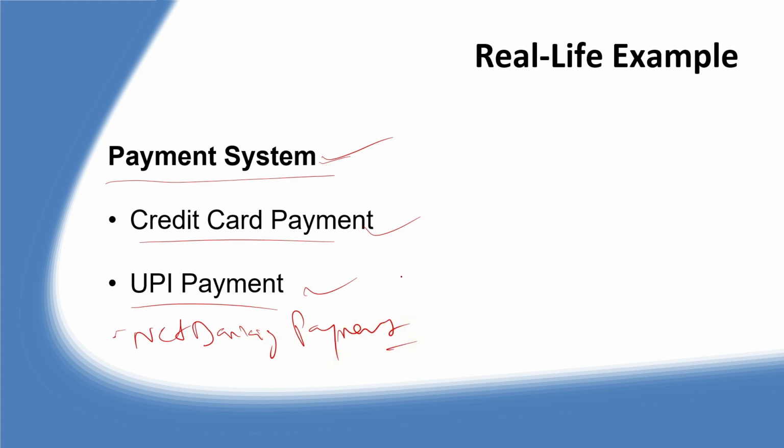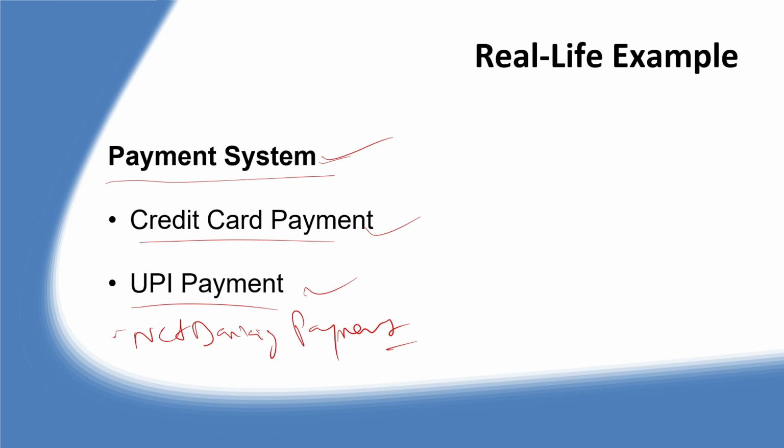So let's think there is one online shopping application. Every payment method performs a payment: credit card, UPI, net banking, and each of the methods performs a payment.